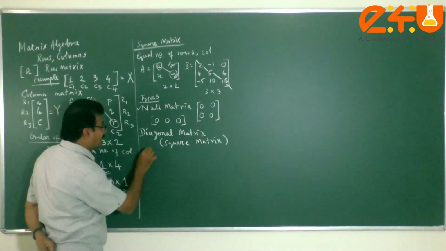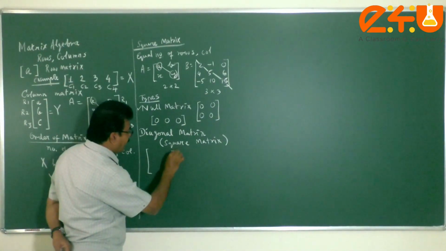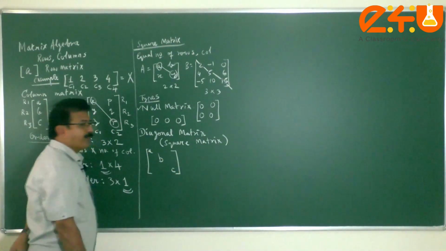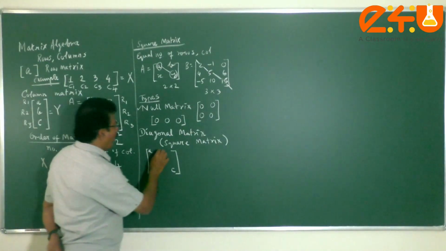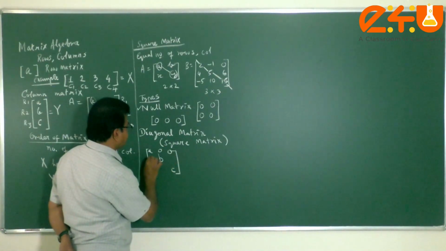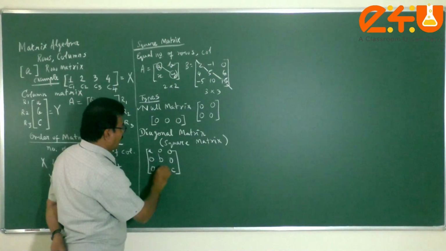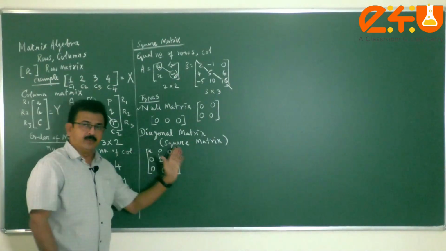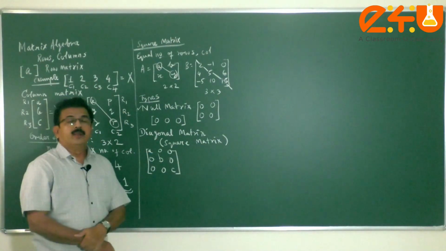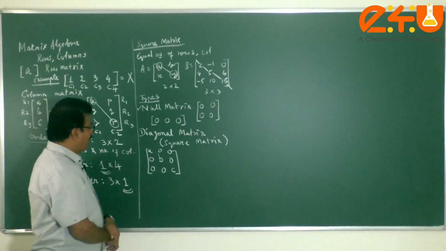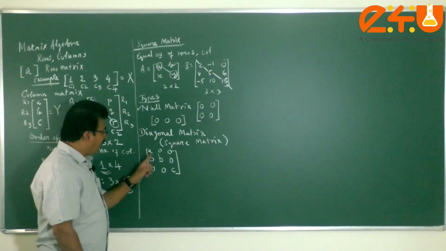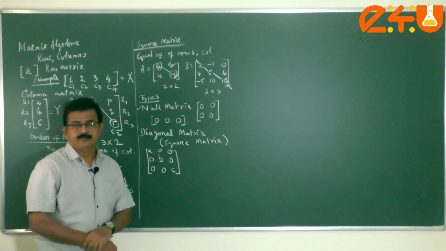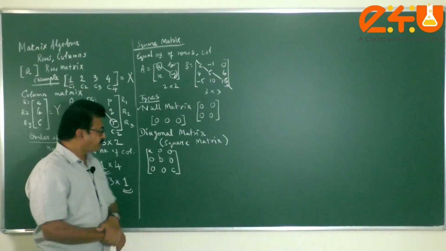A diagonal matrix has only the diagonal elements non-zero, all other entries or elements, I can say, happen to be 0. Well, some of the students may wonder, sir, what if the A or B or C is 0, is it a diagonal matrix or not?